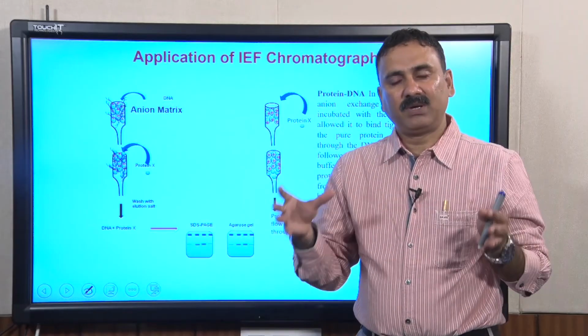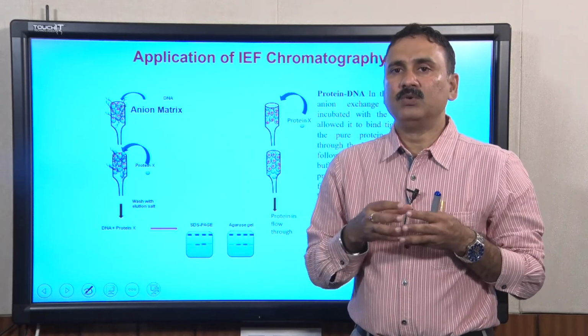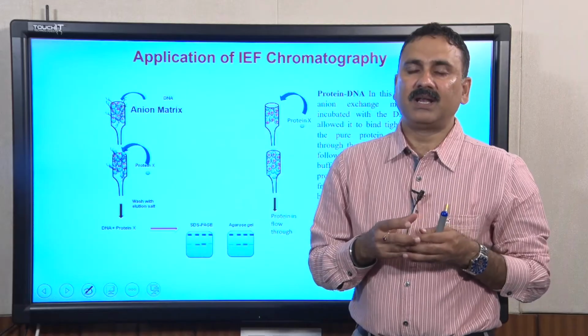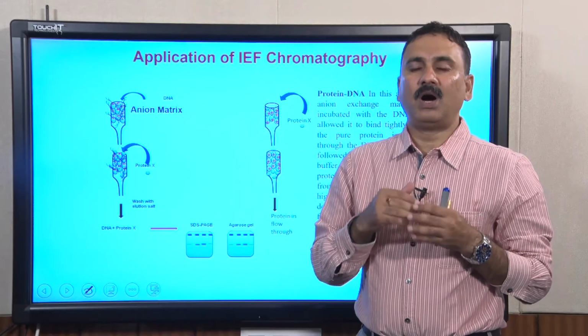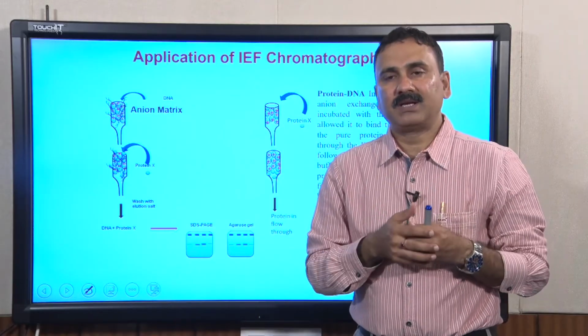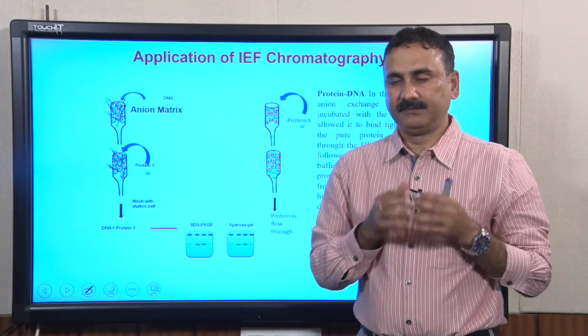If you have this type of criterion, you can study the interaction between these two biomolecules. Let us take an example of how you can study the interaction between a DNA and a protein.